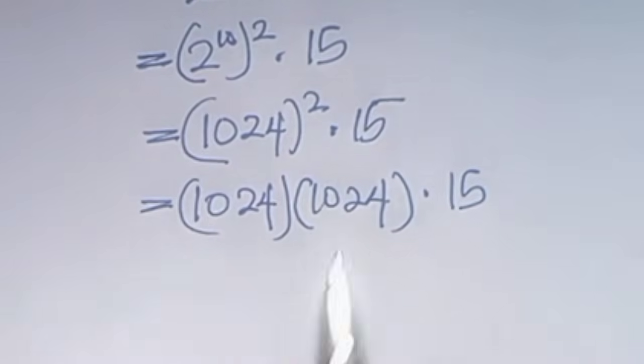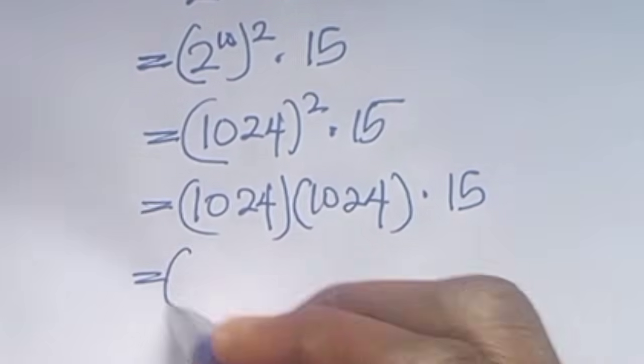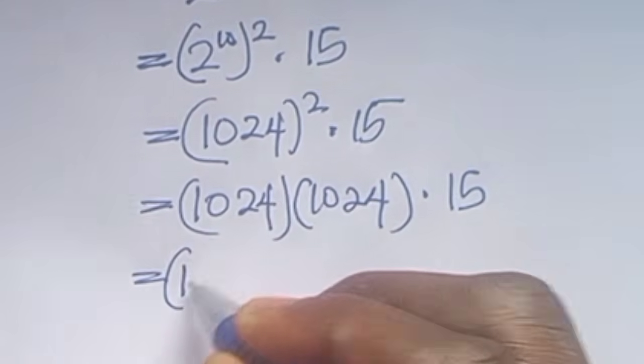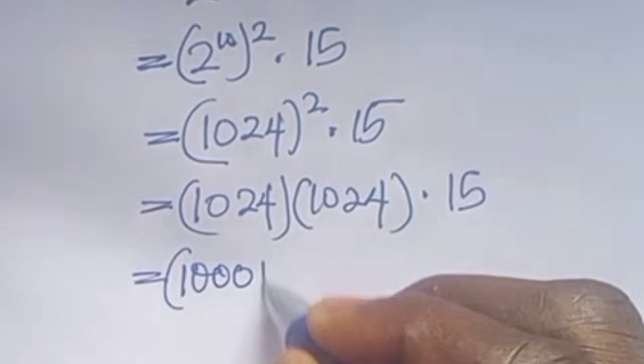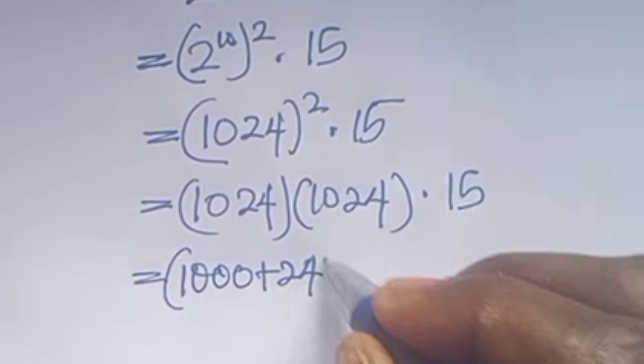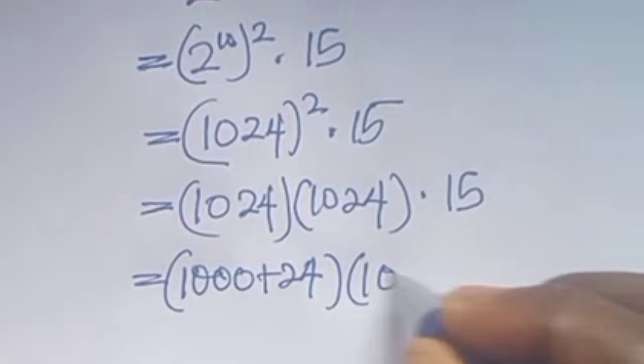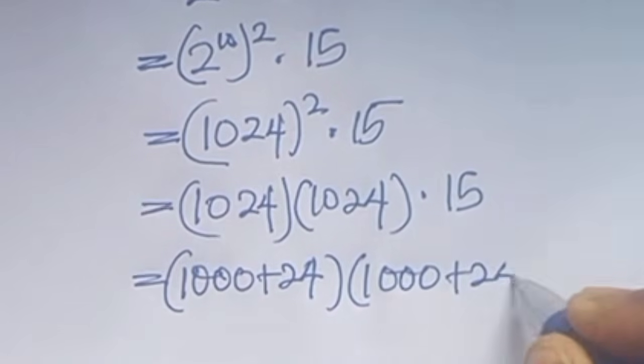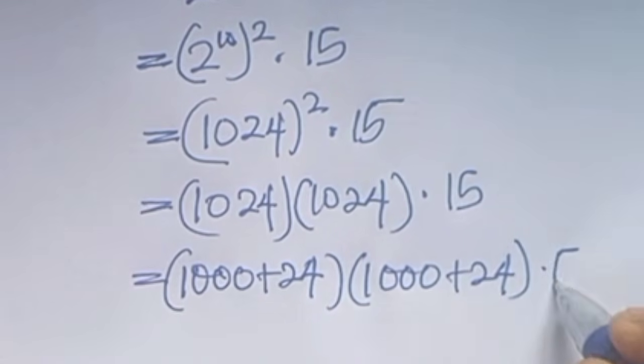And we can simplify this further so that 1024 is written as 1000 plus 24. Also here, 1000 plus 24 times 15.